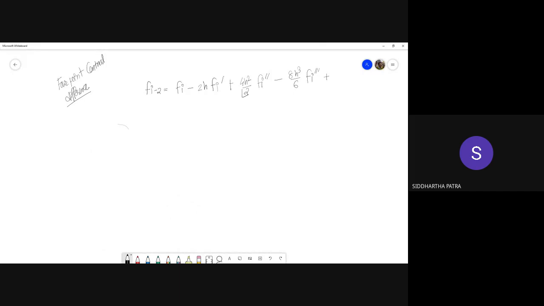And then you have 16h to the power 4 by 24 f i quadruple prime, then order h to the power 5. Okay, and in the similar way you can write down the other expressions.